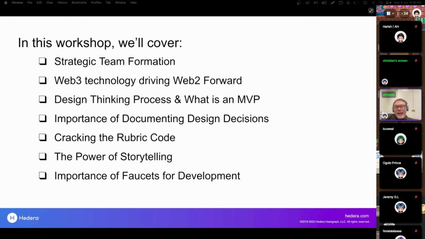And then we'll talk a little bit about the power of storytelling, the importance of being able to craft a great narrative as well. And then we'll take a look at a faucet, which is a way to get tokens to work on the testnet so that you can build your prototypes there.